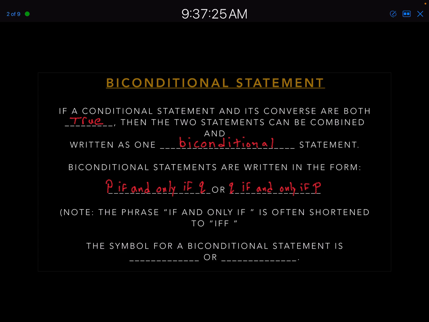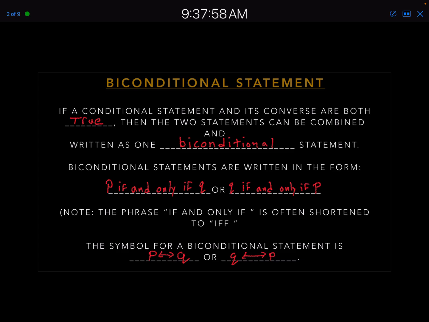If you see IFF, mathematically it means if and only if. Another way, the symbol for biconditional statements: instead of P and then an arrow to Q, you'll see a double arrow. Both of those simply mean you can replace the double arrow with if and only if, P if and only if Q, or Q if and only if P.